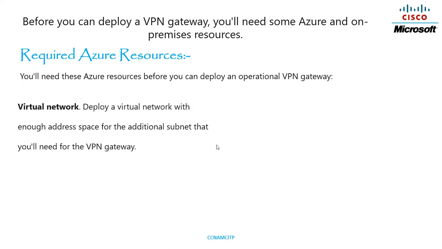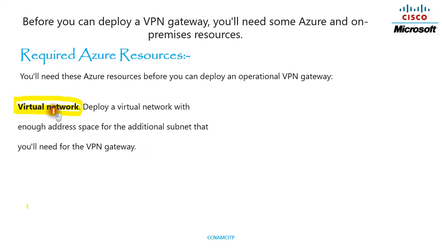So the very first thing you need to have is a virtual network. Deploy a virtual network with enough address space for the additional subnet that you will need for the VPN gateway. This is the very first required Azure resource.